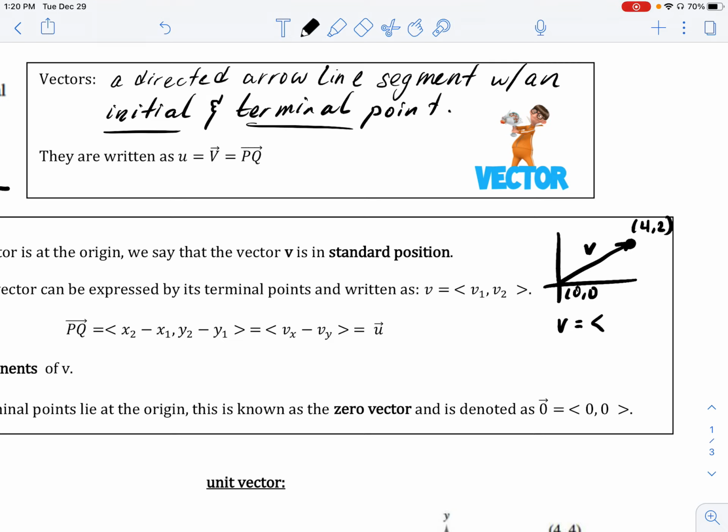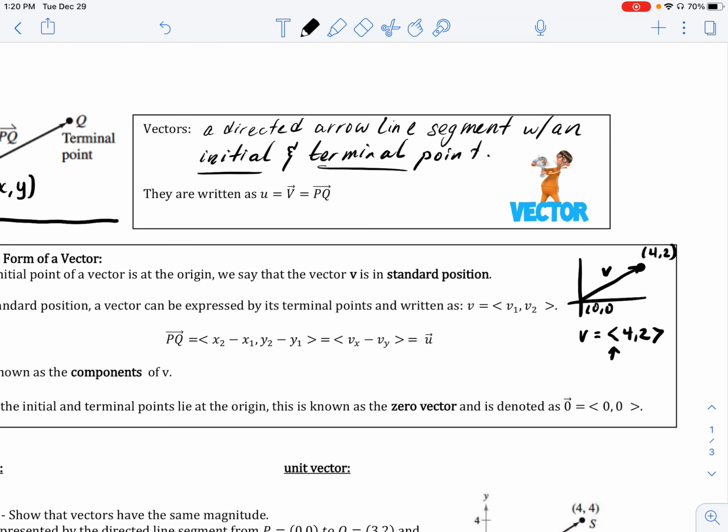So we could say something like ⟨4, 2⟩ here. And when we're describing vectors and the components of vectors, we often use these symbols here just to indicate that we're talking about a vector. If we said just (4, 2) with parentheses, then we would be describing a single point. But with those kind of angle brackets there, it's to indicate that these are the terminal points of our vector.